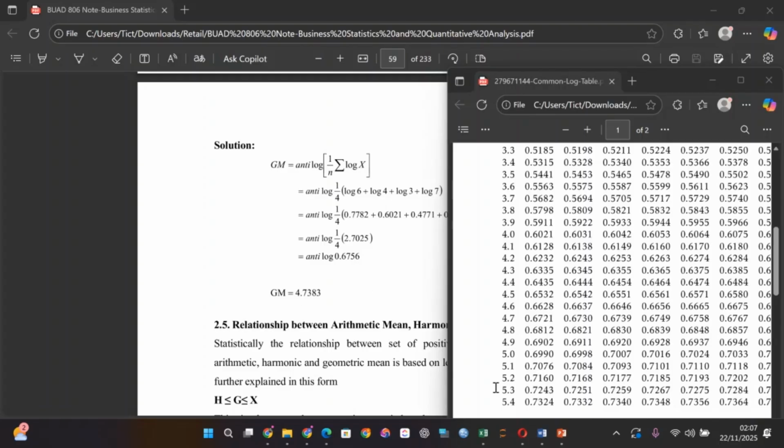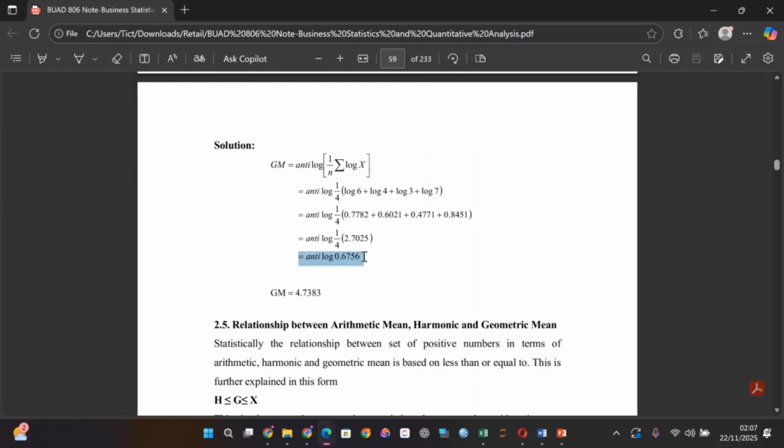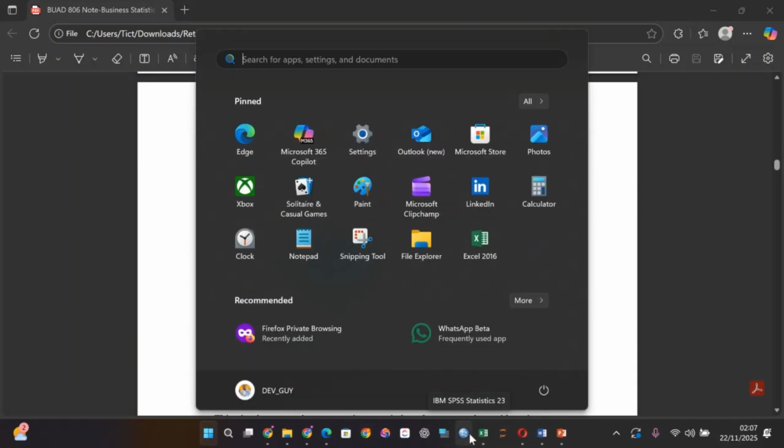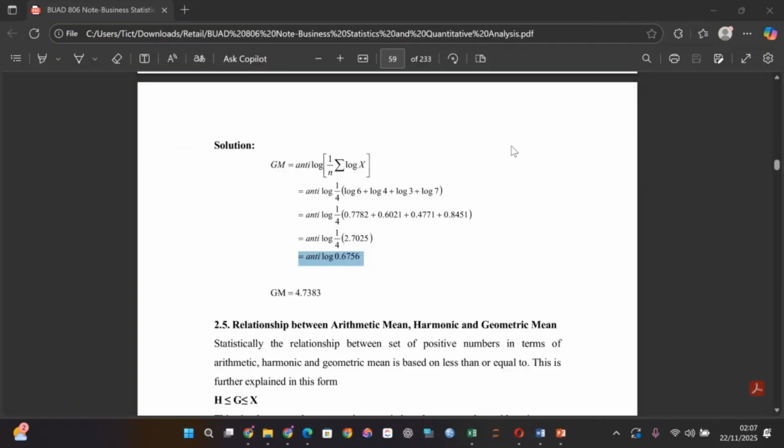That's what it means. So what they're saying is anti-log of this. It's the same thing as saying, where's my calculator? Let me open the calculator and show you.